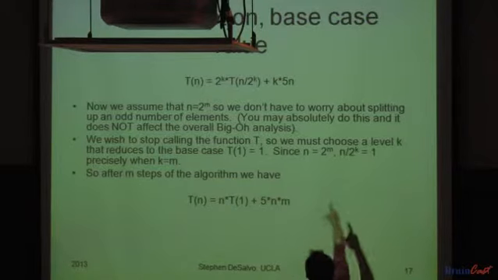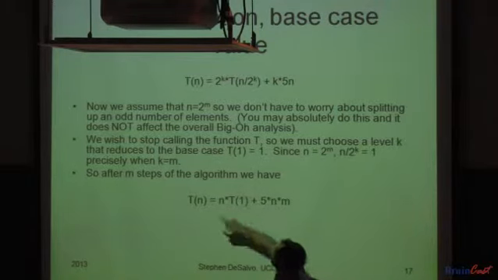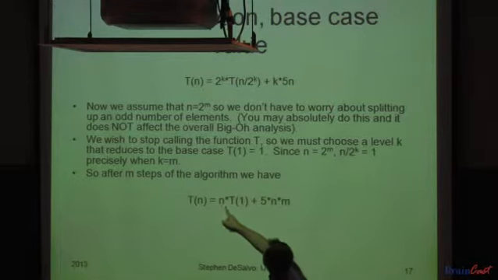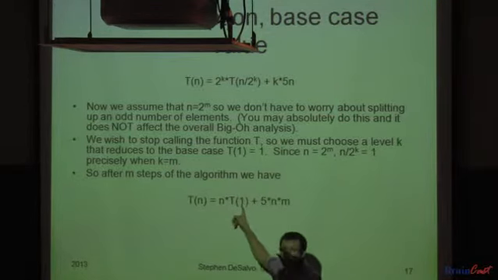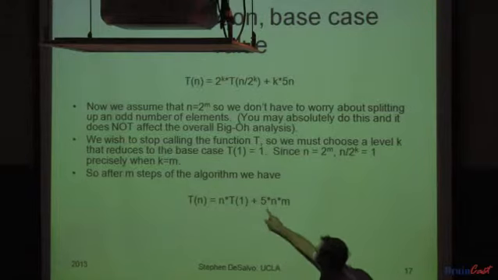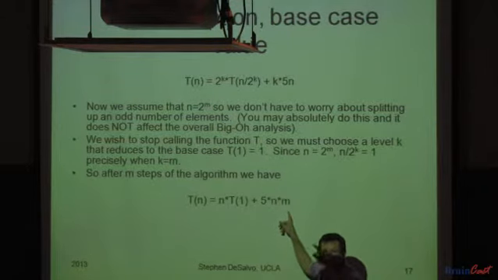So when we plug in k equals m into the equation above, what we get is 2 to the power of m, which is n. We get n divided by 2 to the m, but that's also n, so that gives us a 1. Okay? And then we get 5 times n times the number of steps in the recursion, or in other words, the exponent that n can be written as 2 to that power.